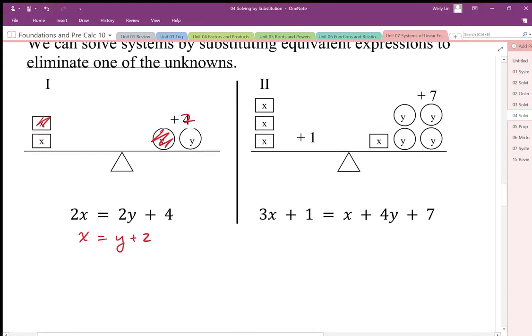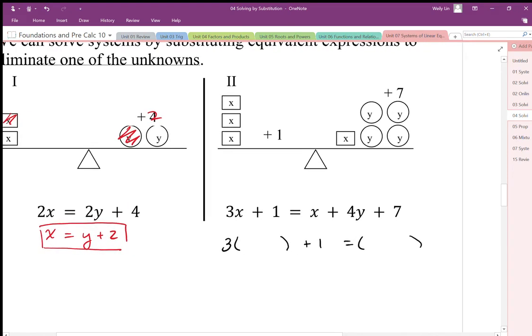Once we have this x isolated, we're going to replace every one of these x's in the other equation, not the same equation, but the other equation, with y plus 2. So here's another x, and we're going to replace that with y plus 2.